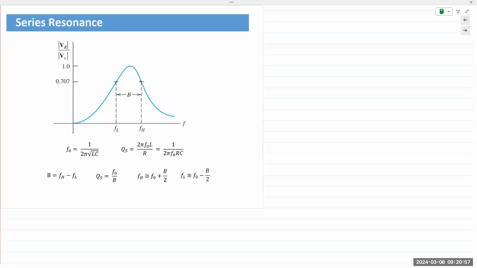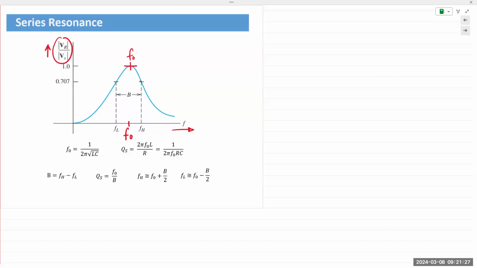If you plotted the transfer function of the circuit, it would look like this. We'd have the input frequency on the x-axis, transfer function H of f on the y-axis. We are taking the output across the resistor, hence the magnitude of the voltage VR divided by the magnitude of the source Vs. f0 would be here, and that's your maximum.